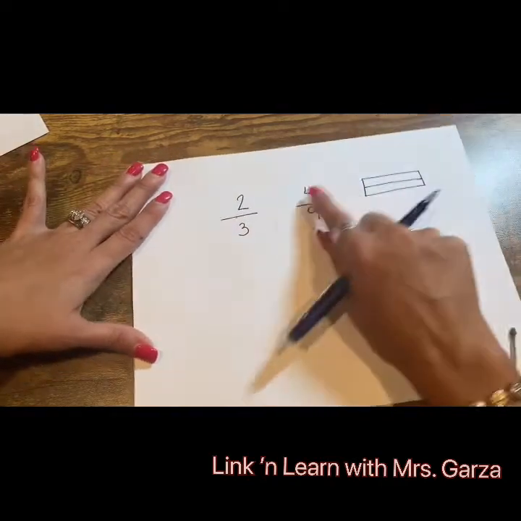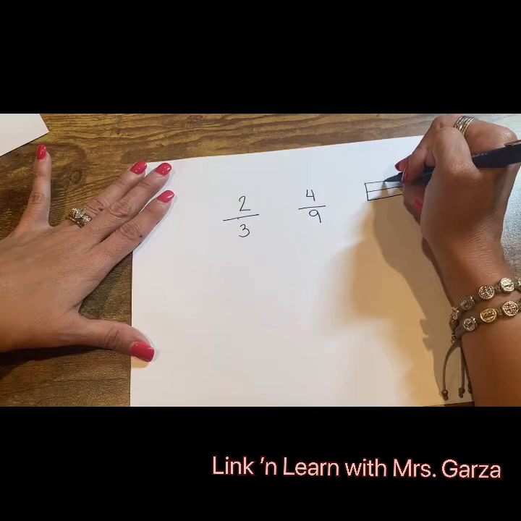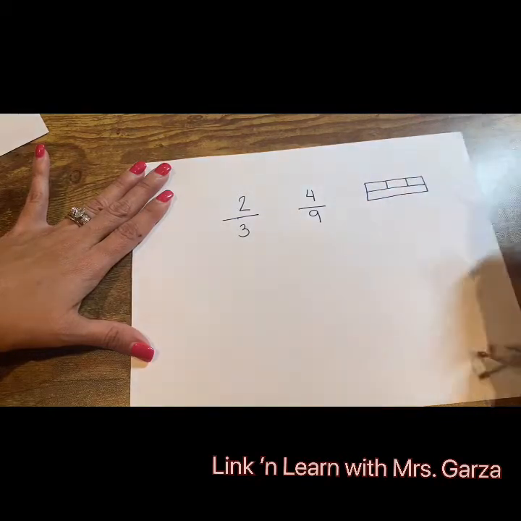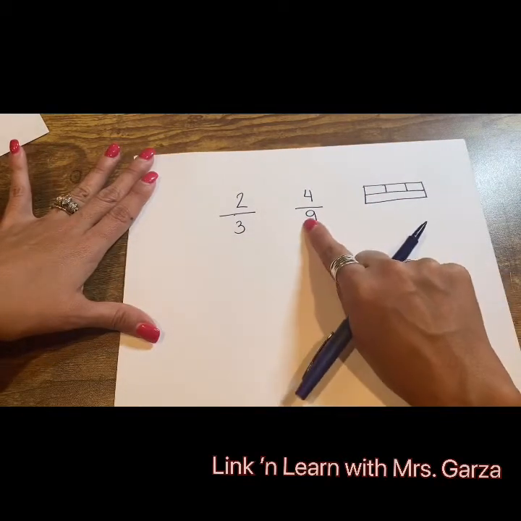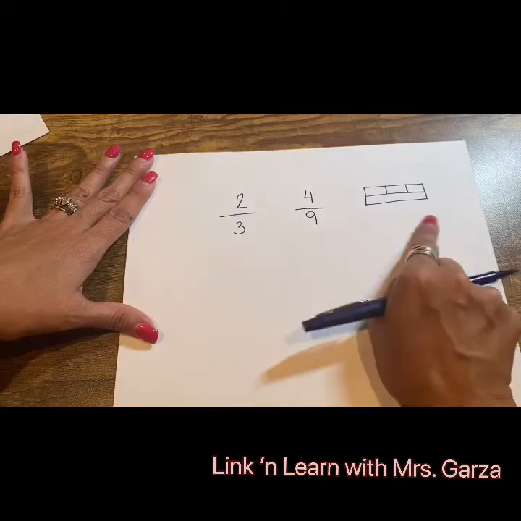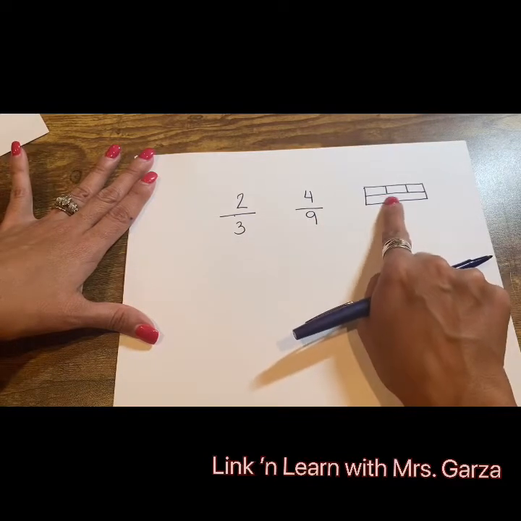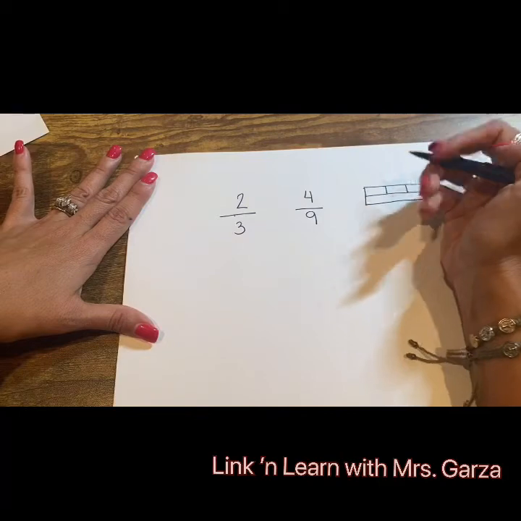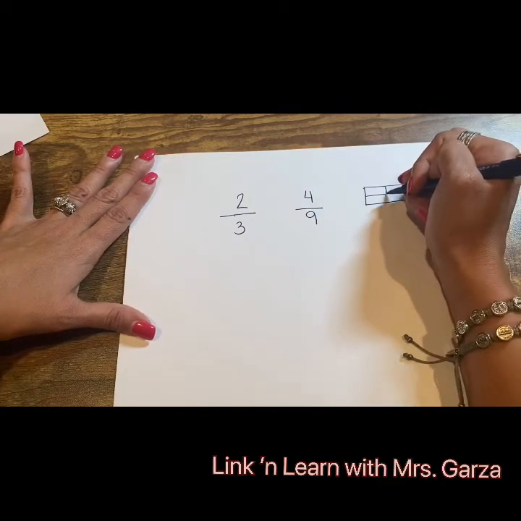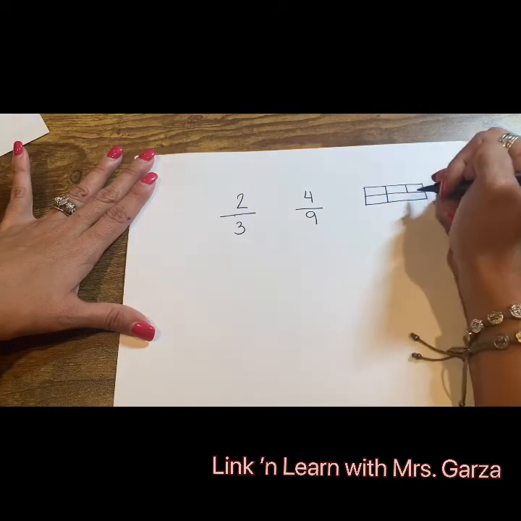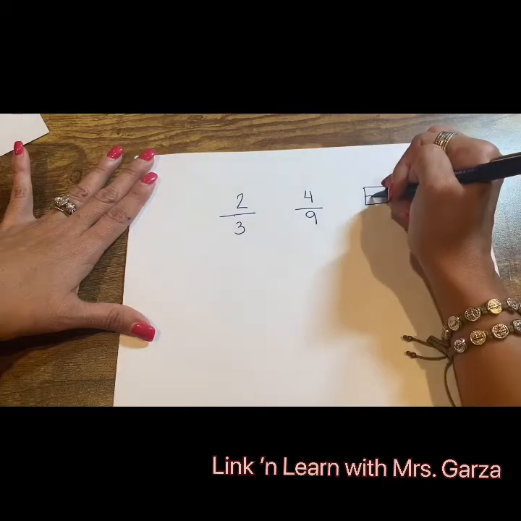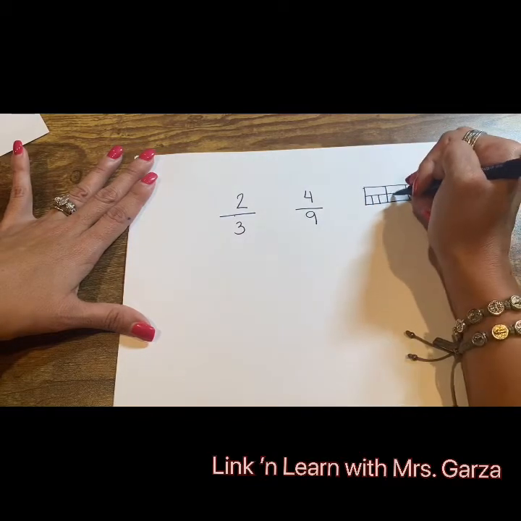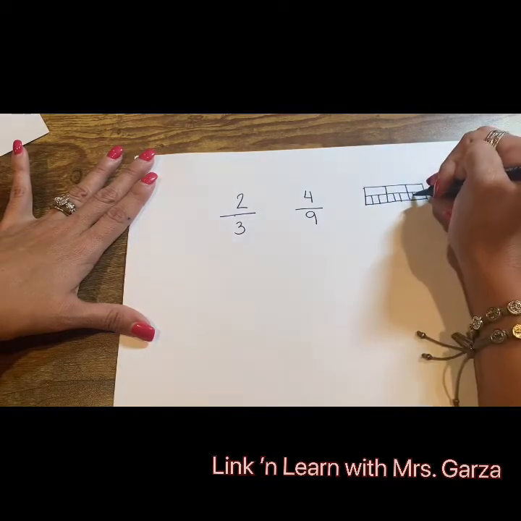So I need to break this in 3 parts. So here's 1 part, 2 parts, and 3 parts, okay? And this 4/9 needs to be broken up in 9 parts. Well, since they're already broken up in 3s, I can actually do it like this. I can say that this is, okay, that's the 3, but then I can say 1, 2, 3, 1, 2, 3, 1, 2, 3.